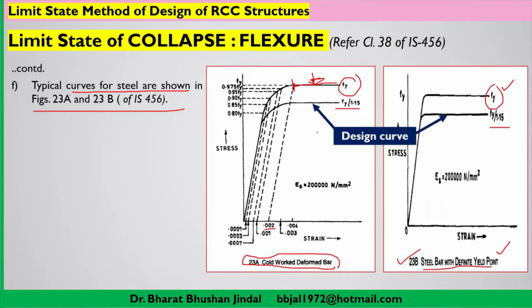So this lower curve which we are getting after dividing by the partial safety factor for steel is the actual design curve which will be applicable in limit state methodology when you are going to do the calculation for designing or analysis of the structure.